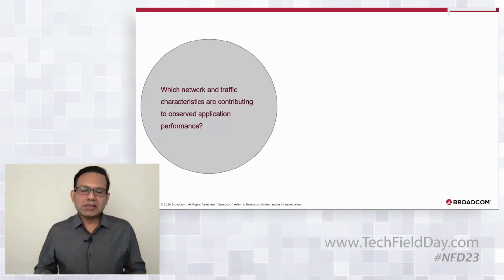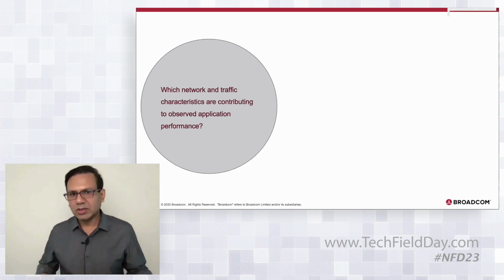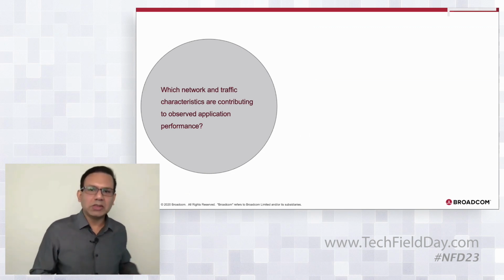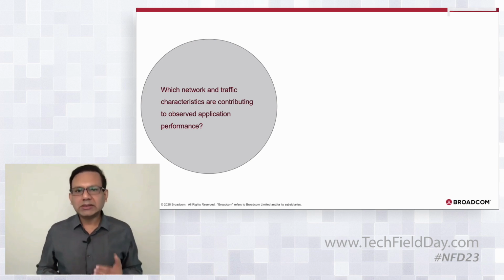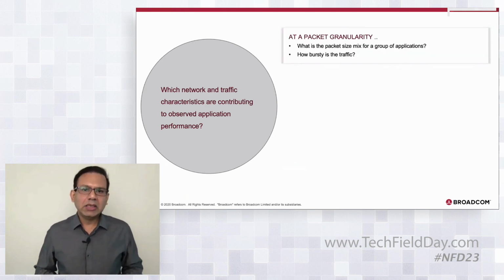So let's ask this simple question. What network and traffic characteristics are contributing to observed application performance? We have been talking about application performance in the first two parts of this presentation. So digging a little deeper into the kinds of questions that you might ask, you could start at a packet granularity. What is the packet size mix for a group of applications?